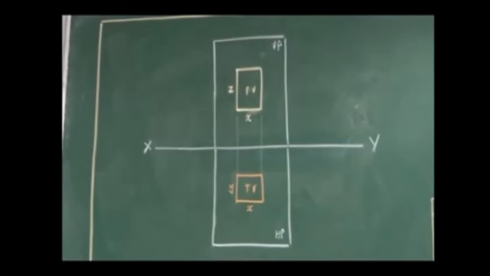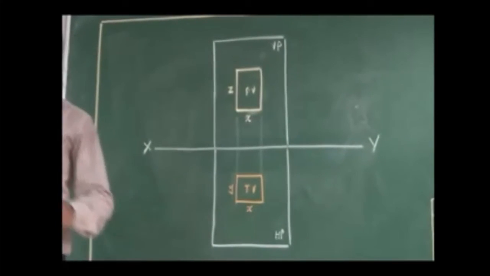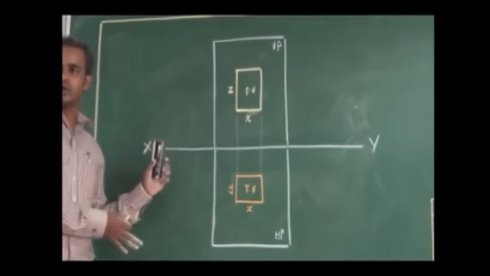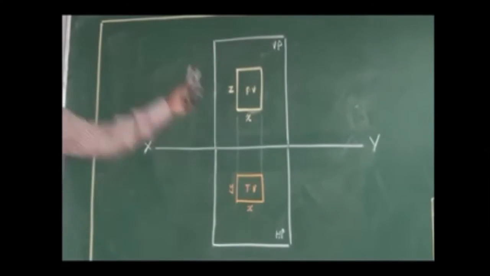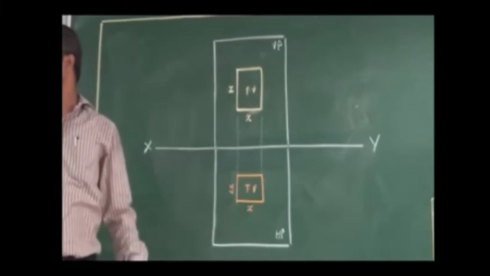So the planes assumption is used after performing the orthographic projection. I can rotate the plane, and I will always rotate the horizontal plane 90 degrees clockwise. In this setup, if I rotate the horizontal plane, I can get it in a single plane, so that the front view and top view can be seen like this. The vertical plane is above the reference line, and the horizontal plane is below the reference line.